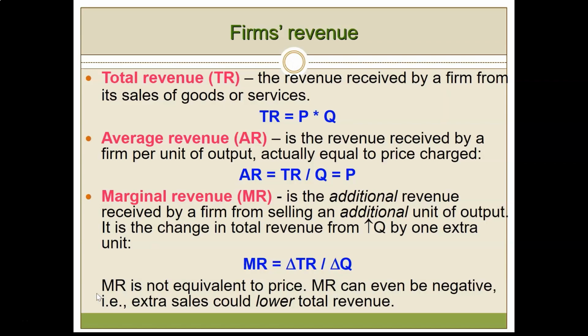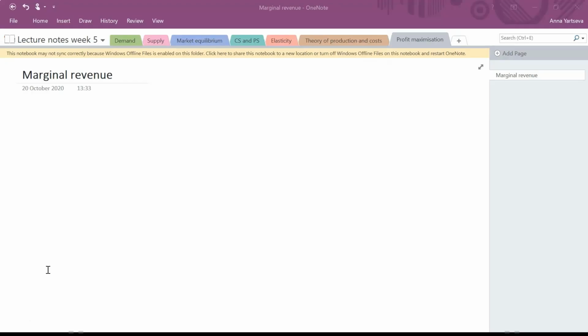Let me show you an example to illustrate this idea. Let's imagine that we sell different numbers of products. For example, the price of our product is equal to 10, and at this price we sell, let's say, 5 units of output. This implies that our total revenue will be 5 items times £10, 5 times 10, which will be equal to 50. Let's imagine that we want to sell more.